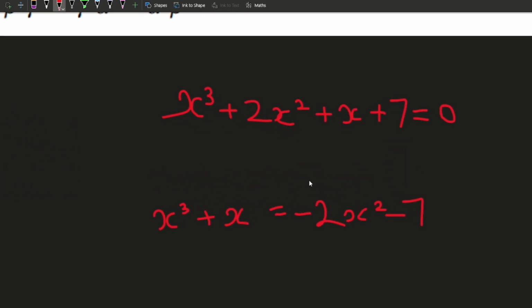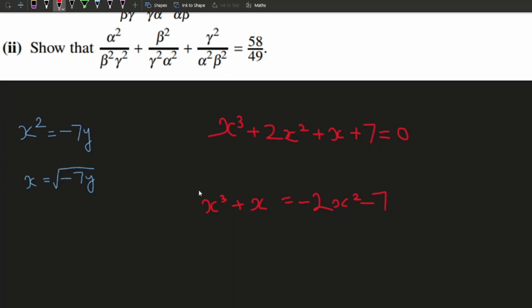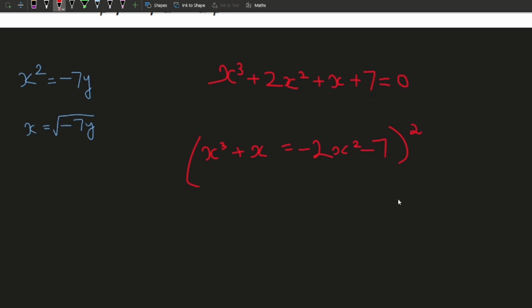Okay, now we are gonna make the odd powers even by squaring everything in our equation. Okay, so in the end we will be left with x cubed plus x squared equals to minus 2x squared minus 7 and everything squared.